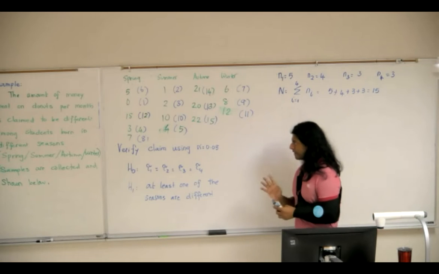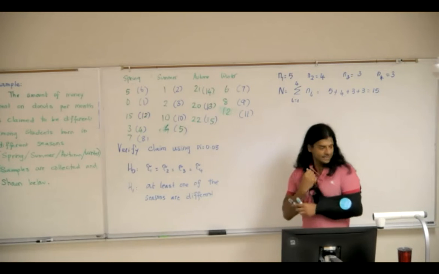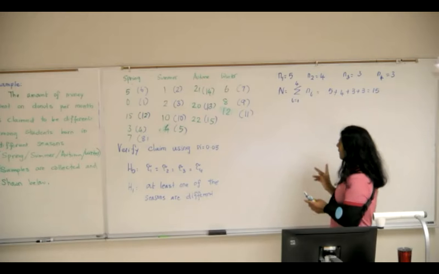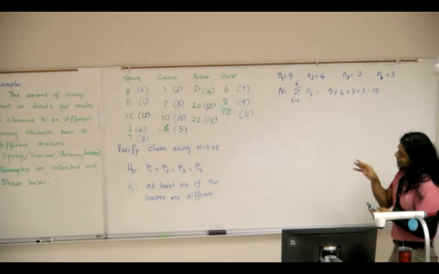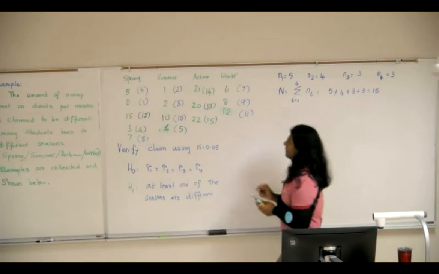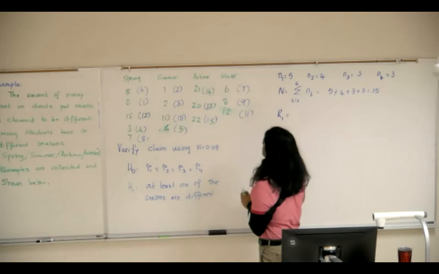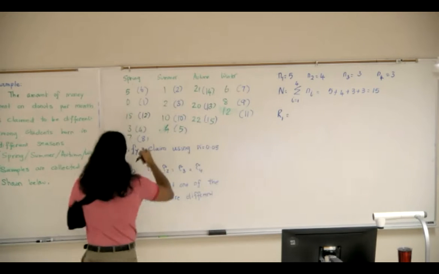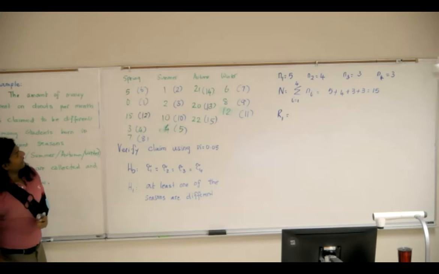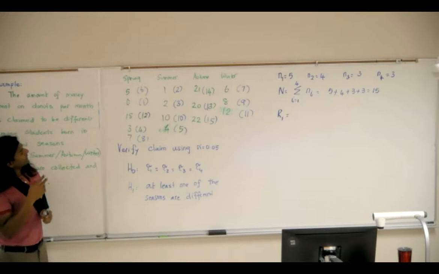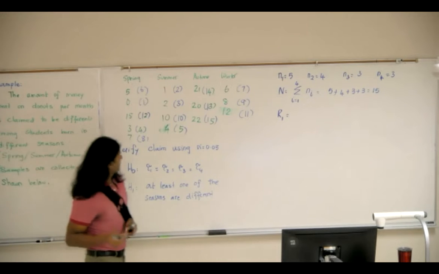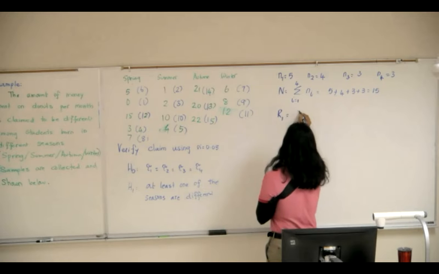Now we have to find the rank sums for each class or for each treatment. First, for spring, we have to sum all the combined ranks: 6 plus 1, 7, 19, 23, 31.